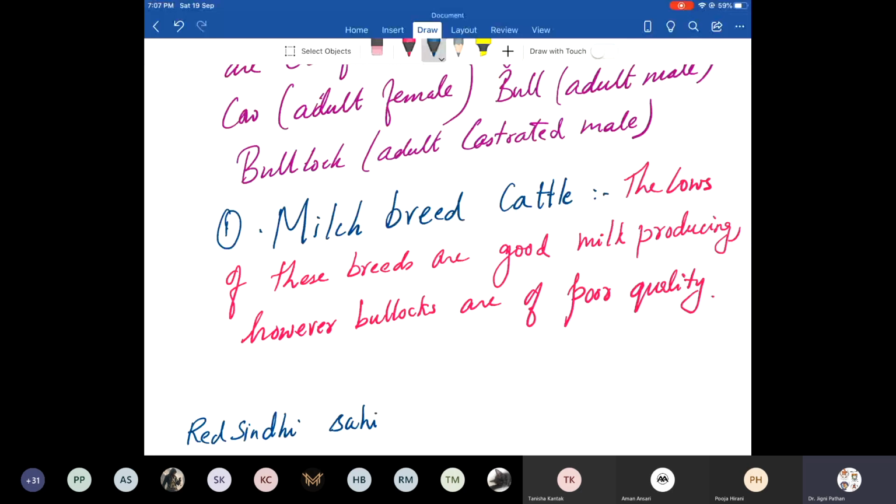These all are milch breeds. So those are the milking breeds: Red Sindhi, Sahiwal, Gir, and Dioni.